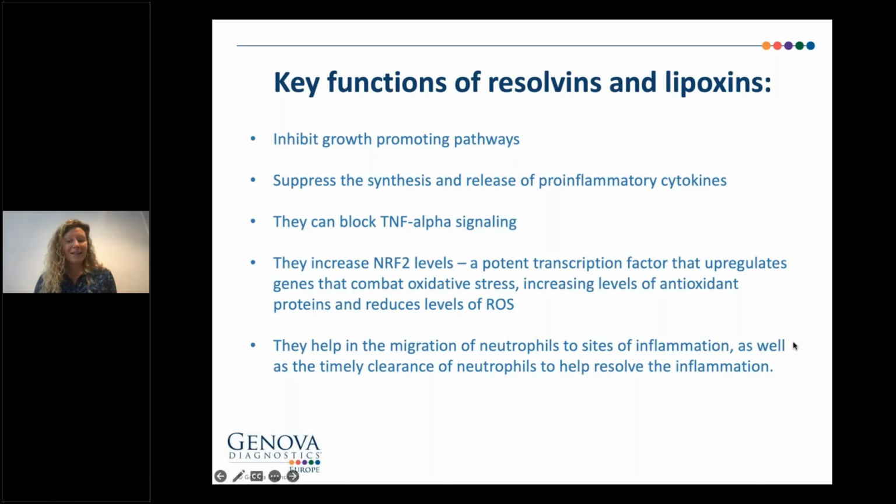And the delayed apoptosis of neutrophils is one of the major causes of diseases like cancer, for example. And lipoxins, what they do is they help in the clearing of the neutrophils from the site of infection, and they help to resolve the inflammation. So they are very important, in terms of their function in preventing the over-perpetuation of inflammation.